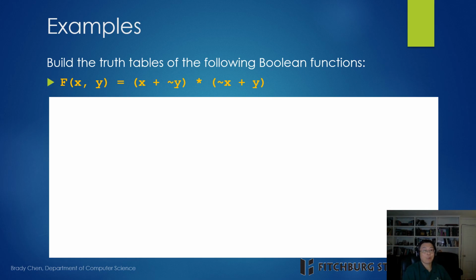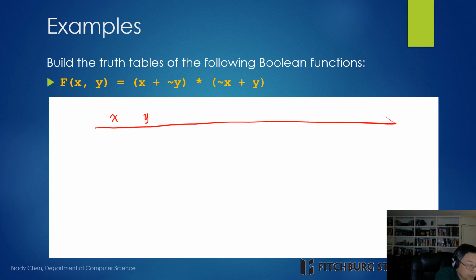So the first thing we want to do is build a table, right? We want to build a truth table, so we need to actually build a table. Now the table should contain the values of x and y. So we're going to calculate the value for all the possible combinations of x and y.